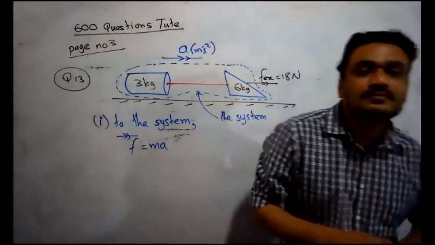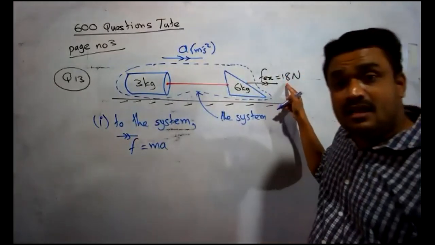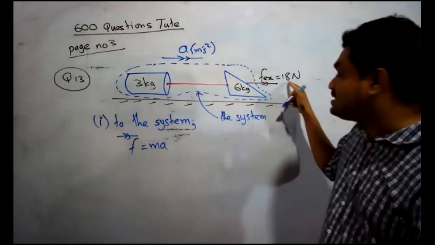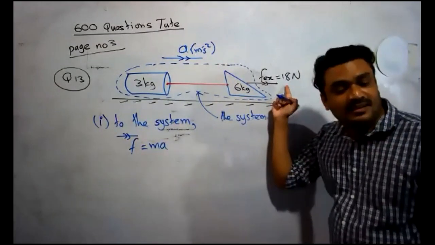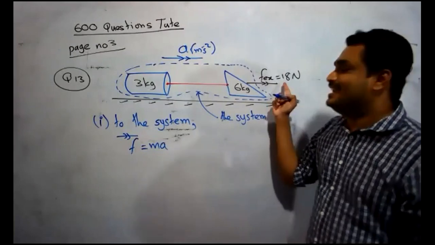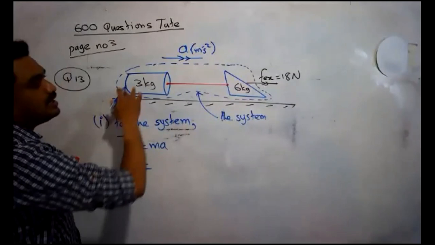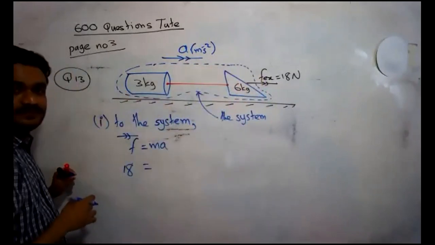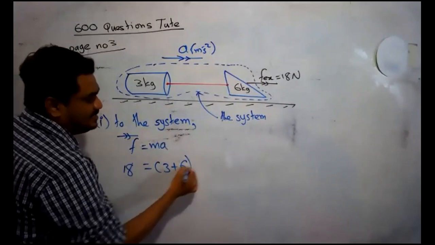The external force, 18 Newton. What is the total mass of the system? 9 kilograms.